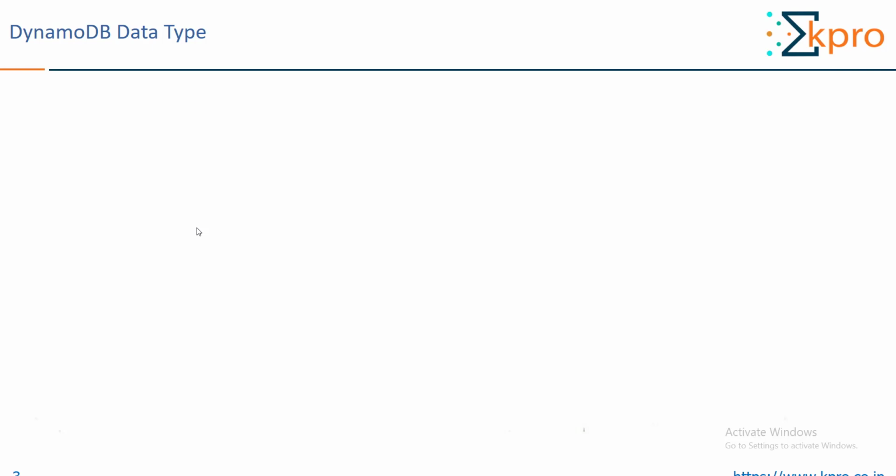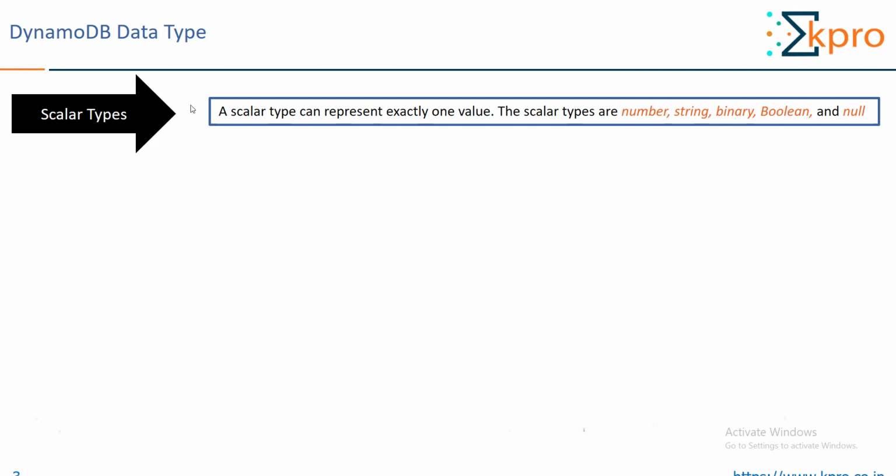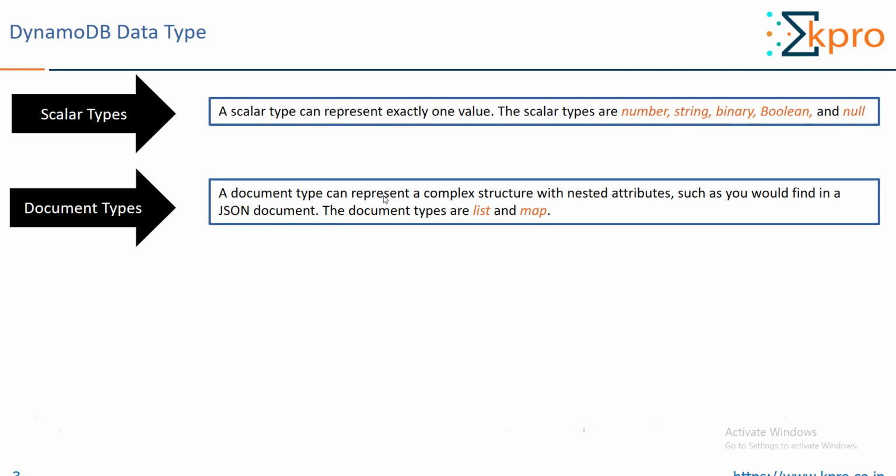In DynamoDB, data types are divided like this. Scalar data type: a single value will be accepted here. A scalar data type can represent exactly one value, and the scalar data types are number, string, binary, boolean and null. Document type: what is a document type? A document type can represent a complex structure with nested attributes such as you would find in a JSON document. The document types are list and map, like an array, and map is like JSON format.